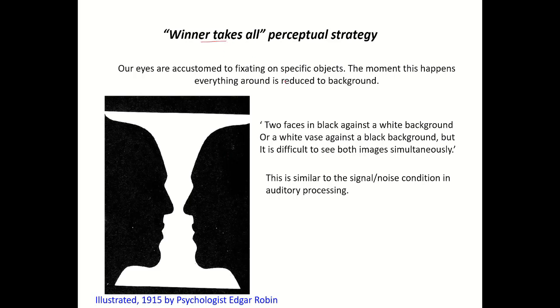Winner takes all. So here, if you pay attention to this picture, some people will say, when they are asked what do you see, they will say I see a vase, a flower vase.